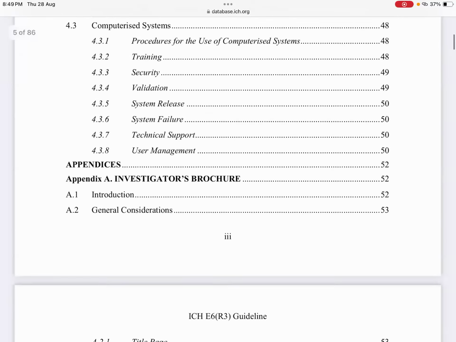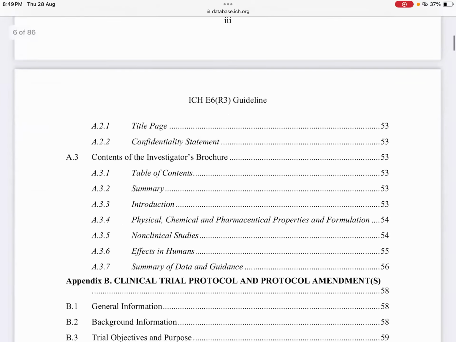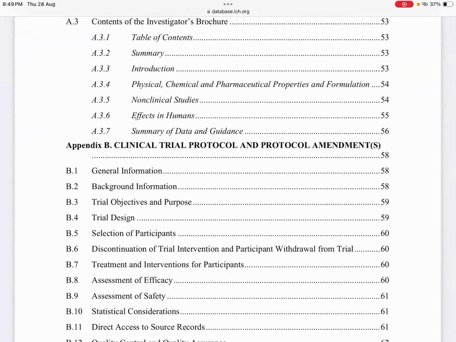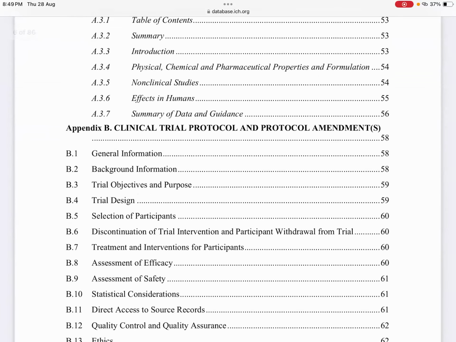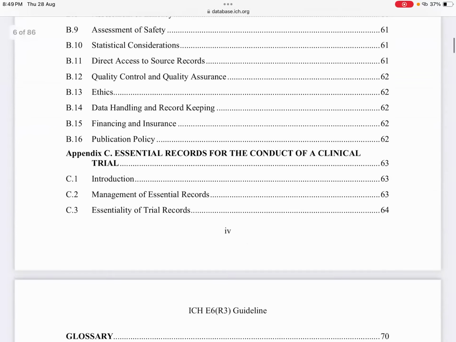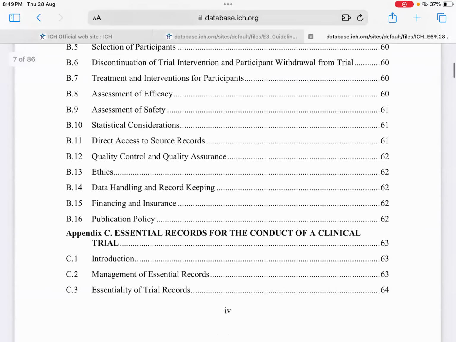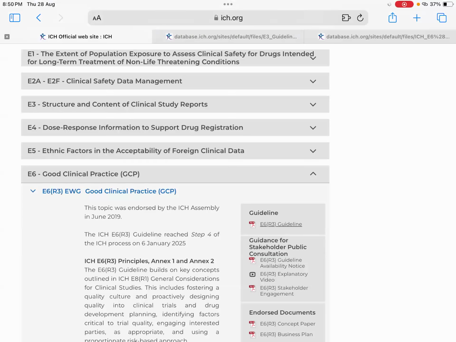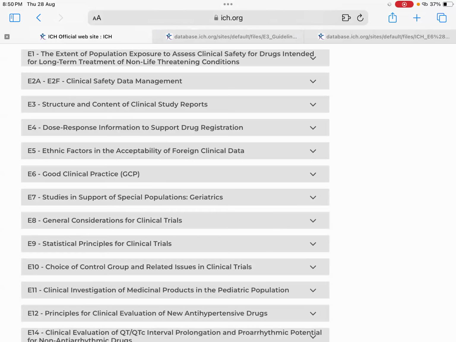Whenever I feel stuck, for example if I need to know about transparency as a core principle, I go back here. And suppose I want to know something on a protocol, and I don't know in which section it is. See all the sections they have given: assessment of efficacy, assessment of safety, statistical considerations, everything is here. So my humble request to everyone, because that's how we make use of that time in the best possible way, is to download and try to understand to the level and extent you can.